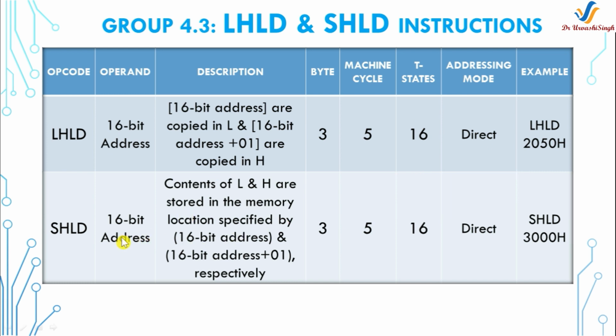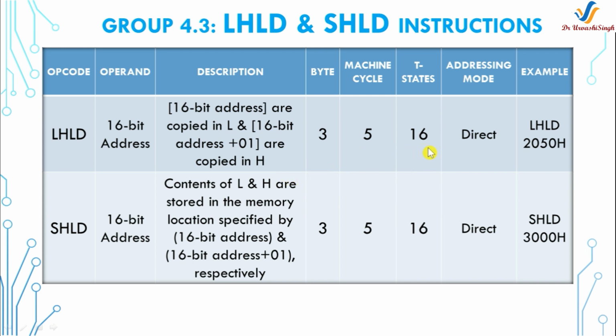SHLD 16-bit address, just the reverse action of LHLD. Here the contents of HL will be loaded into the 16-bit address and 16-bit address plus 1. In the LHLD case, the machine cycles will be memory read for reading the 16-bit address and loading the contents of the 16-bit address and 16-bit address plus 1 to the L and H registers respectively.